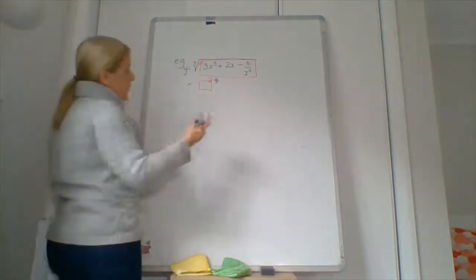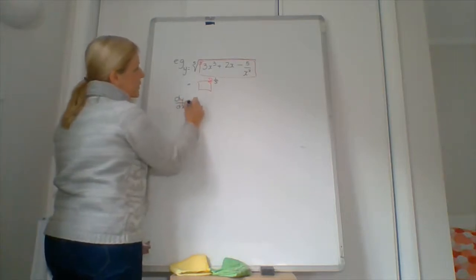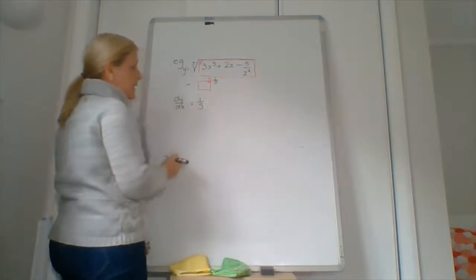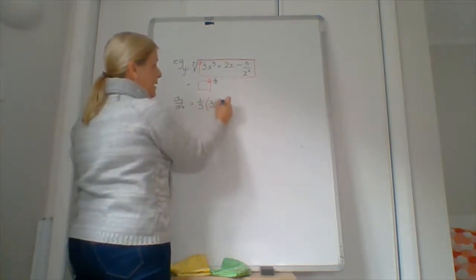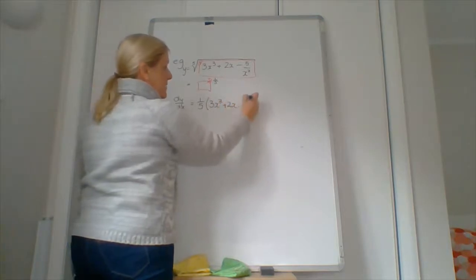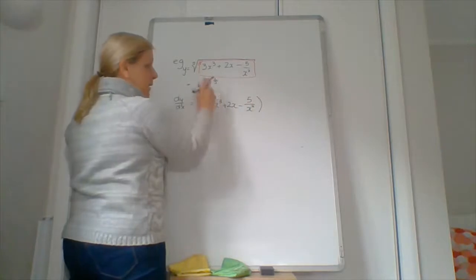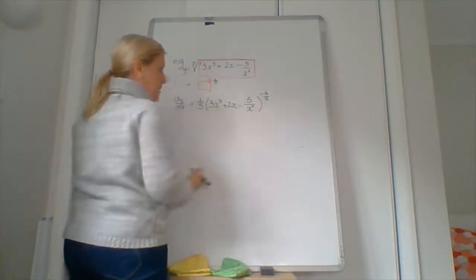Okay? Now when you're differentiating it, so dy by dx this time equals, take the power, multiply by it, 1/5. Then write the present down, 3 plus 2x minus 5 over x squared. Take 1 away from that is -4/5. All right?